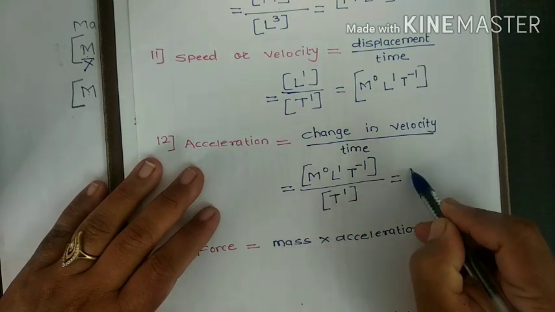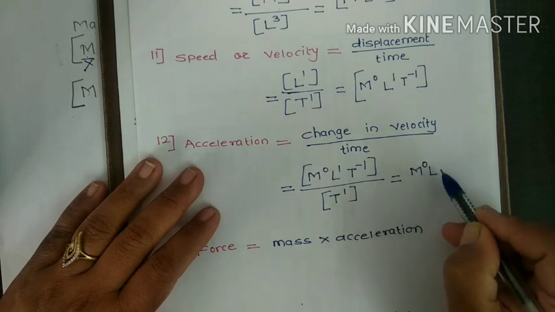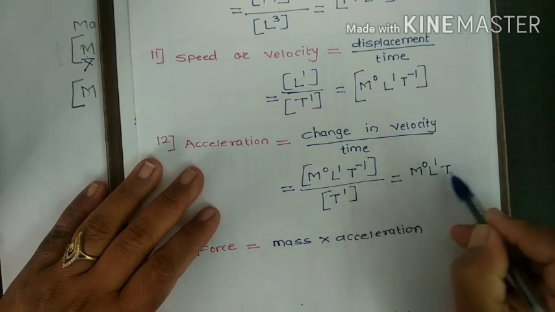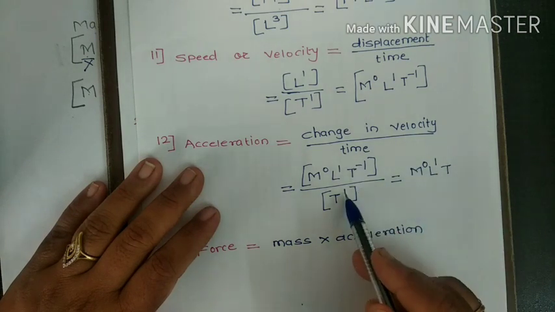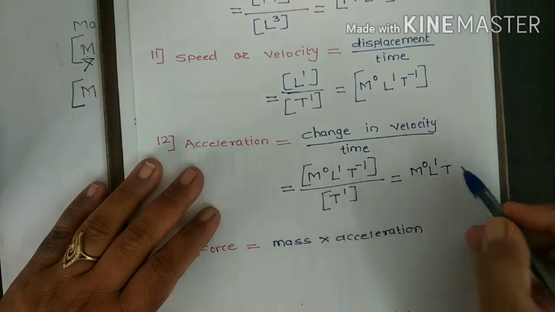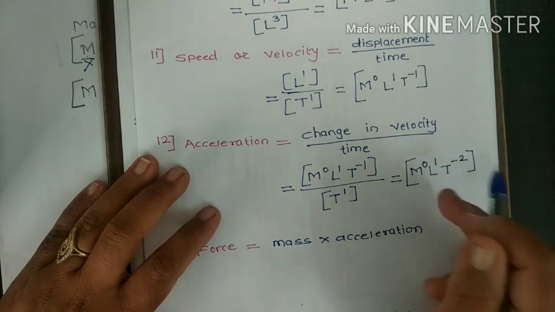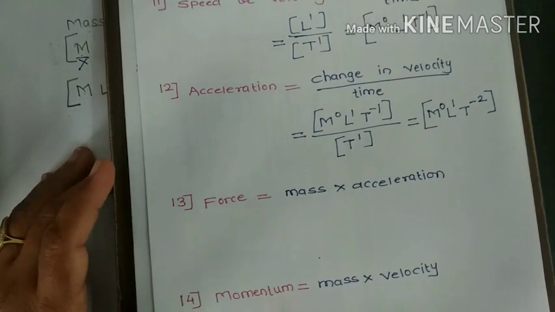That's why we get M^0, L^1, and T^-1 and this 1 goes to the numerator, that is again -1 -1, that is -2. Those are the dimensions of acceleration.